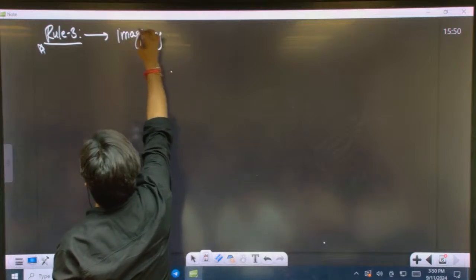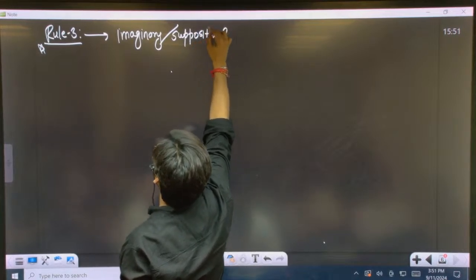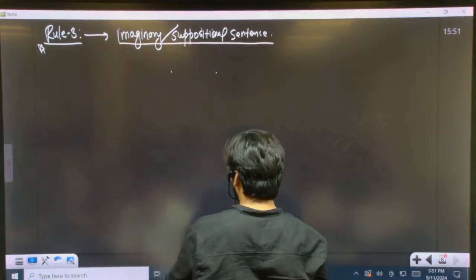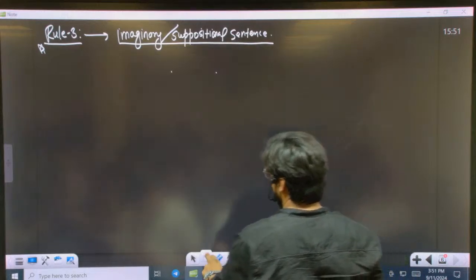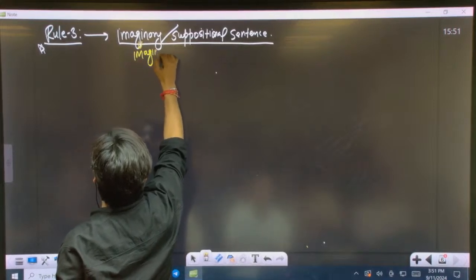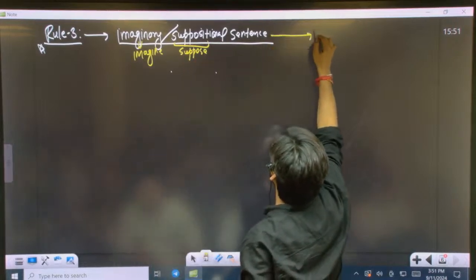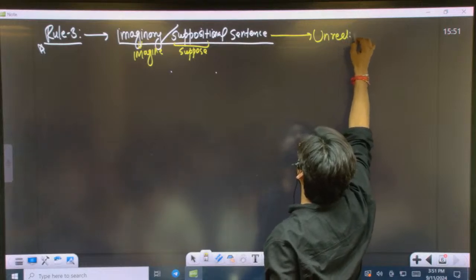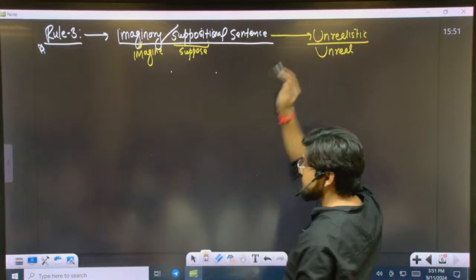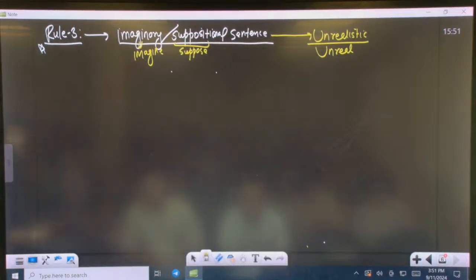Imaginary or suppositional sentence. Imaginary means when you imagine something, when you just imagine, or when you just suppose the things which are unrealistic or which are unreal, which can never be real or realistic.